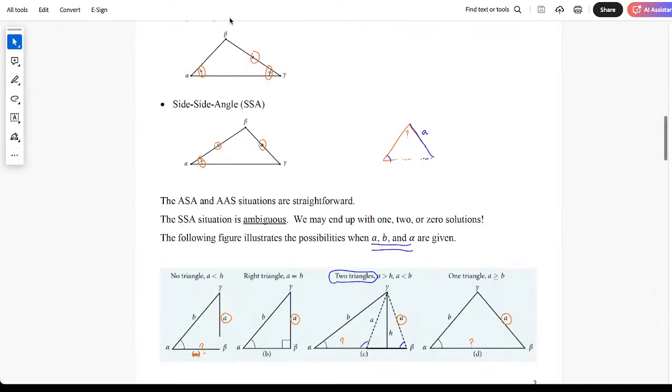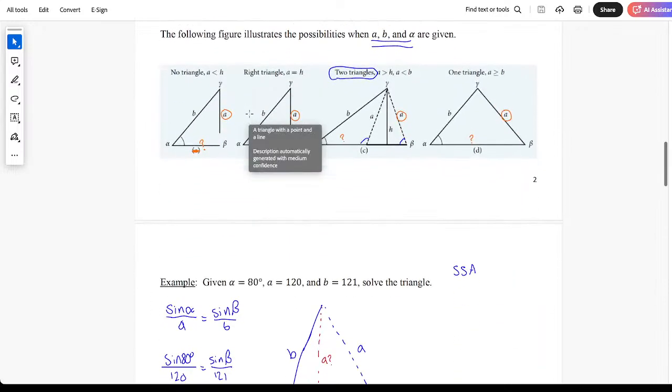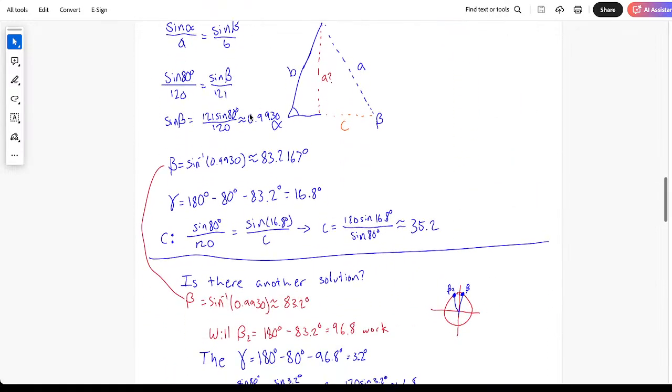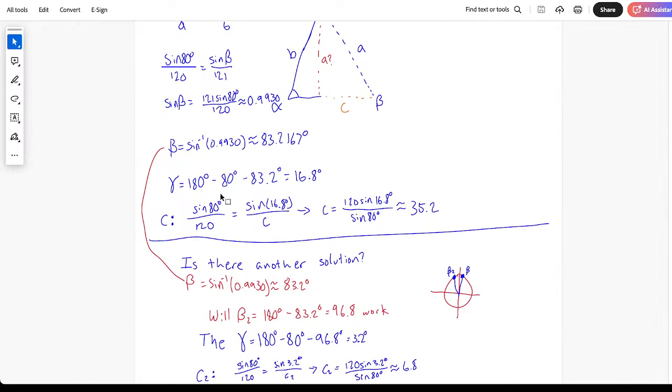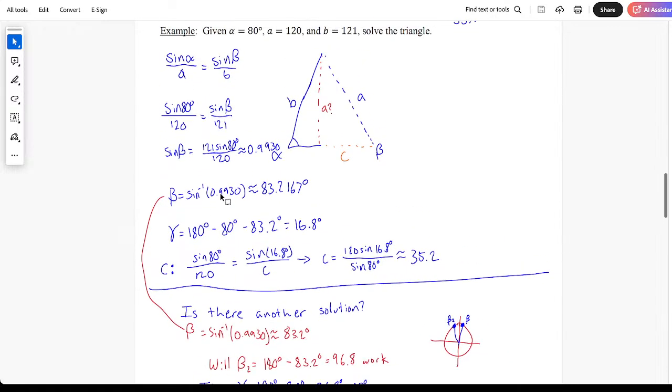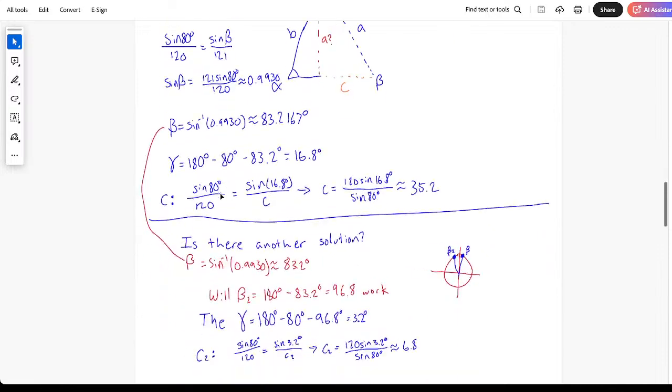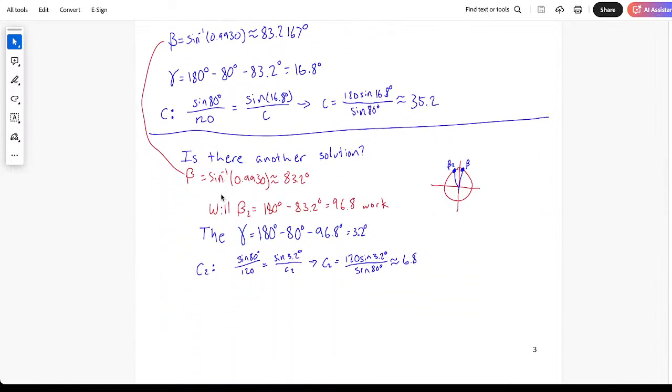So let's look at this. How to do it, how to do it. See, these ambiguous ones are the ones that I haven't played around with too much.